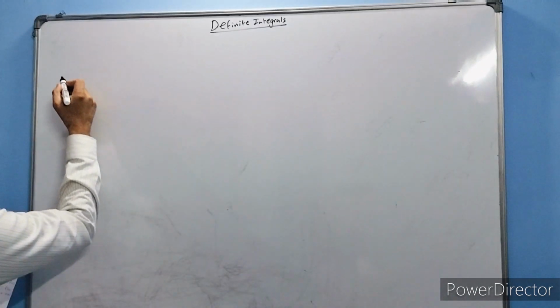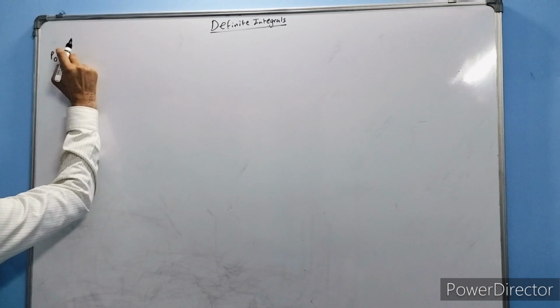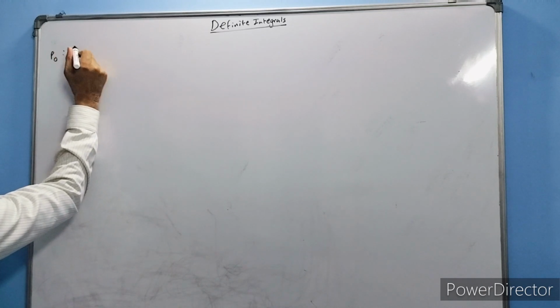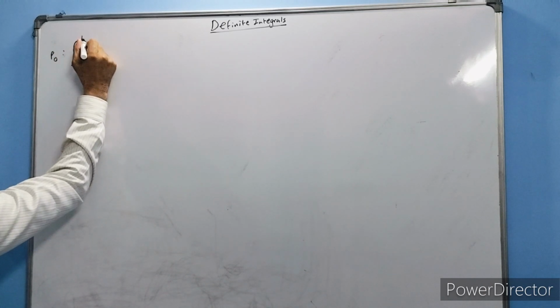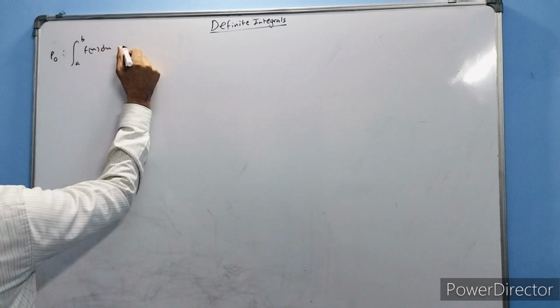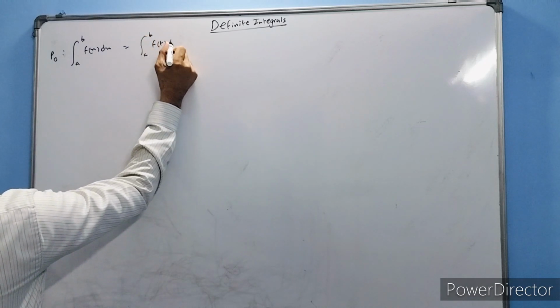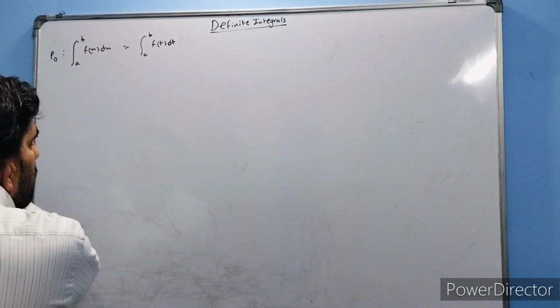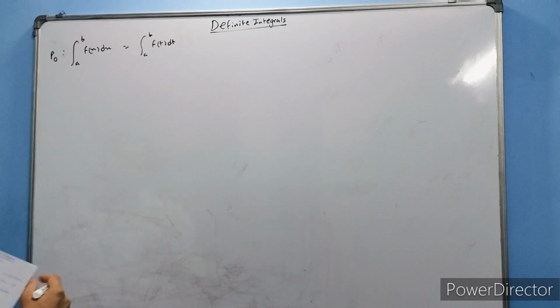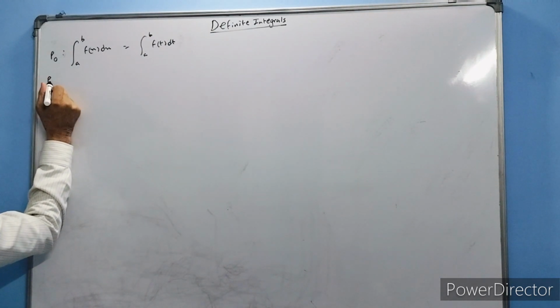Let us try. First property we have is the integral from a to b of f(x) dx equals the integral from a to b of f(t) dt. We take x equal to t, we substitute. So by substitution we do this.